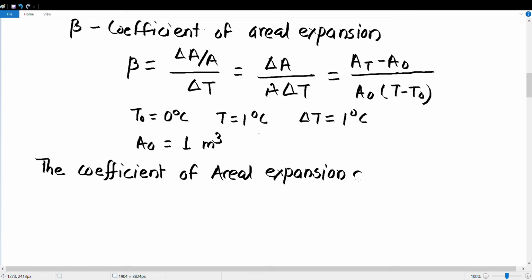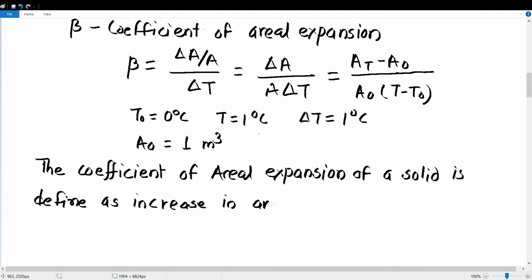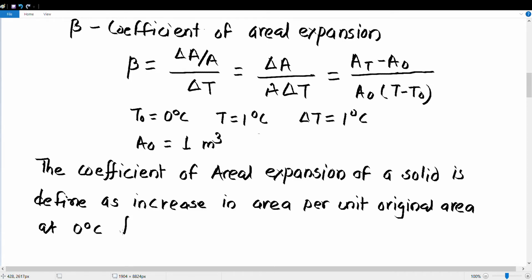The coefficient of areal expansion of a solid is defined as the increase in area per unit original area at 0 degree Celsius for 1 degree rise in temperature.